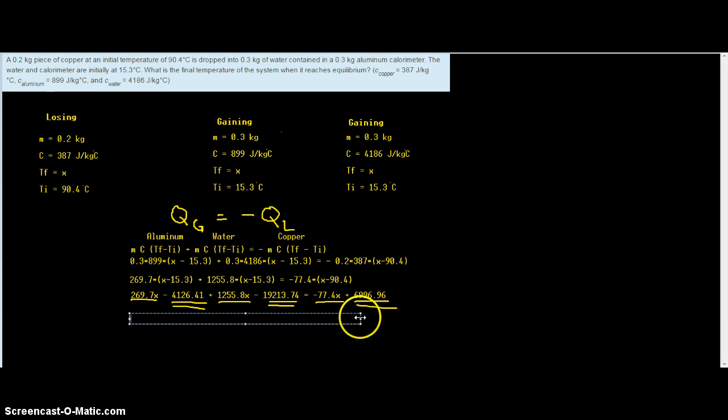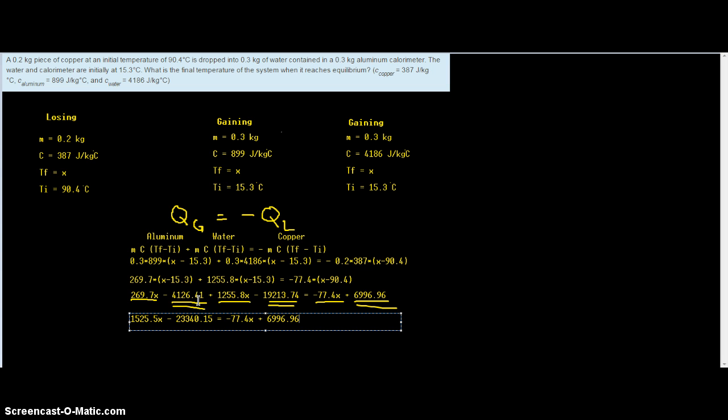Resuming with this process, if I combine the x's on the left-hand side of my equation, I end up with 1,525.5x approximately minus 23,340.15. That's just a number with no variable, and I haven't done anything with these terms on the other side, so they still are what they are.